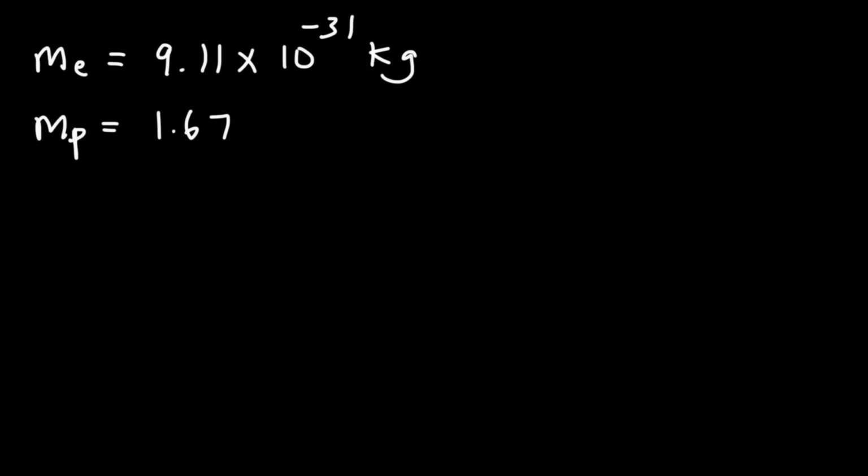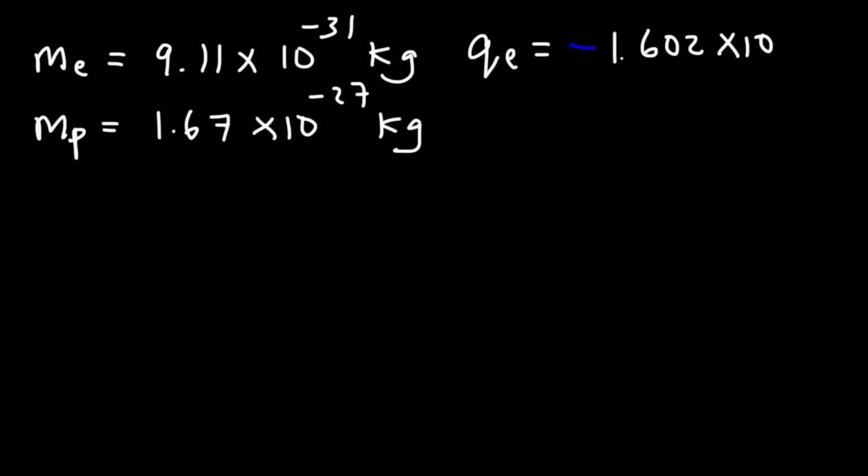The mass of an electron, as we've considered, is 9.11 times 10 to the negative 31 kilograms. The mass of a proton is 1.67 times 10 to the negative 27 kilograms. The charge of an electron is negative 1.602 times 10 to the negative 19 coulombs.